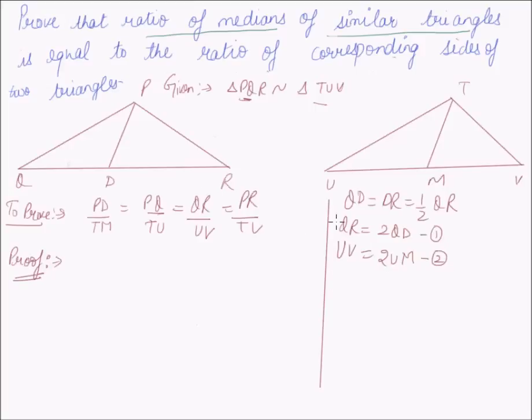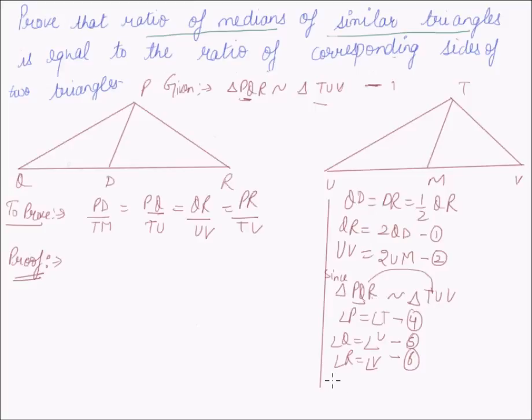Now friends, if we look at this given condition, since triangle PQR is similar to triangle TUV, therefore the corresponding angles will be equal: Q with U and R with V. Also, the ratio of corresponding sides, that is PQ over TU, is equal to QR over UV is equal to PR over TV.